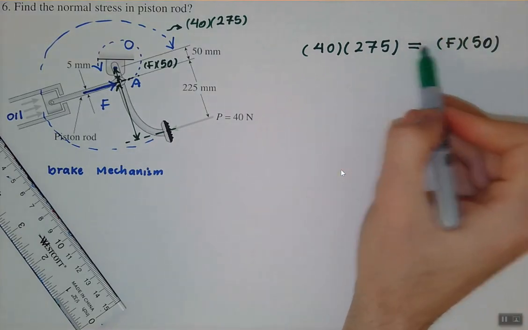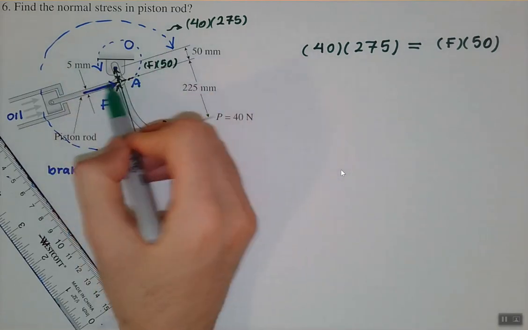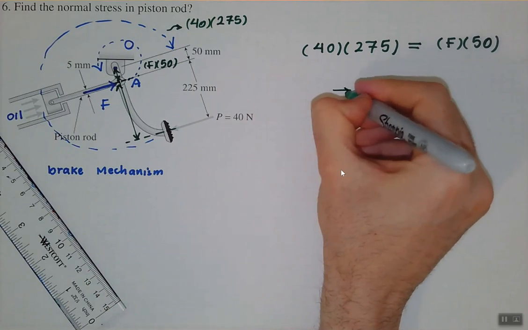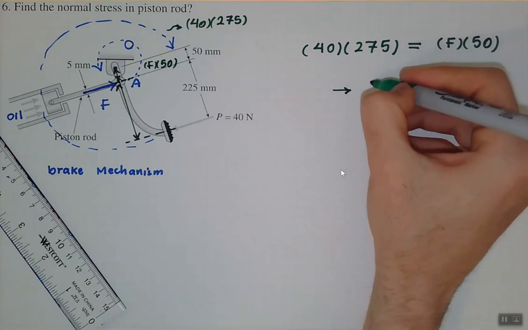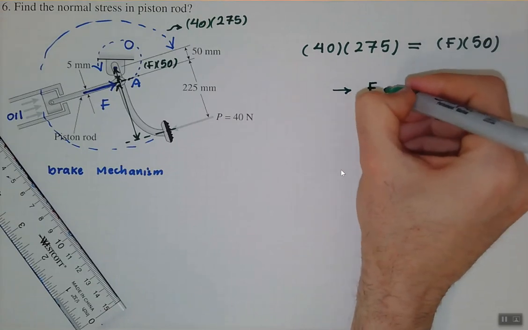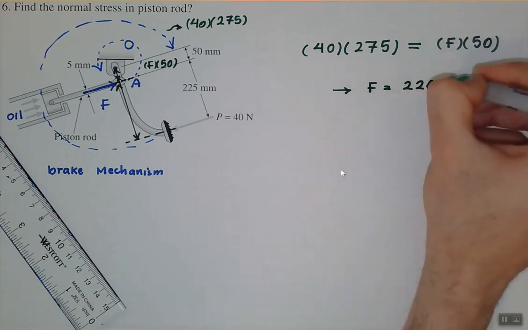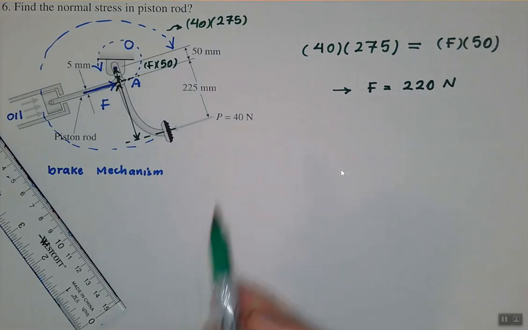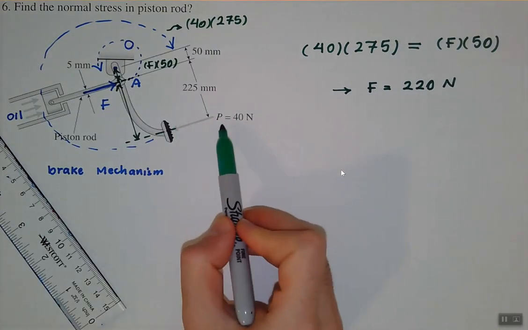Here I don't write the sign because we just care about the magnitude of this load F, and simply from here we can find the force F, which is going to be 220 Newton, right?